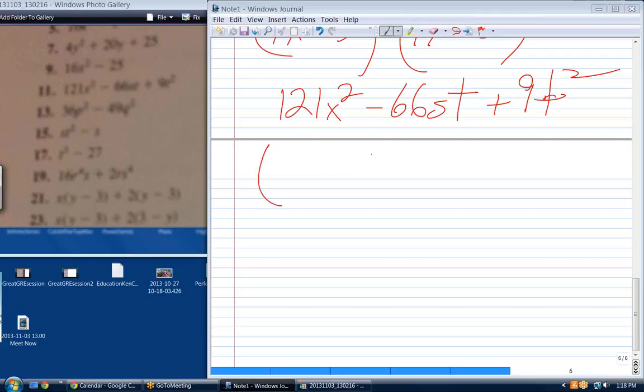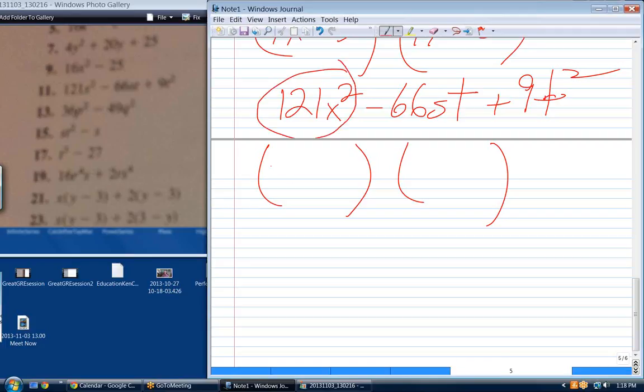So, if the t wasn't there, what would the answer be? In other words, based just on this term, let's start. 11x. What's the signs? Negative, both negative. Now give me factors of 9t squared.